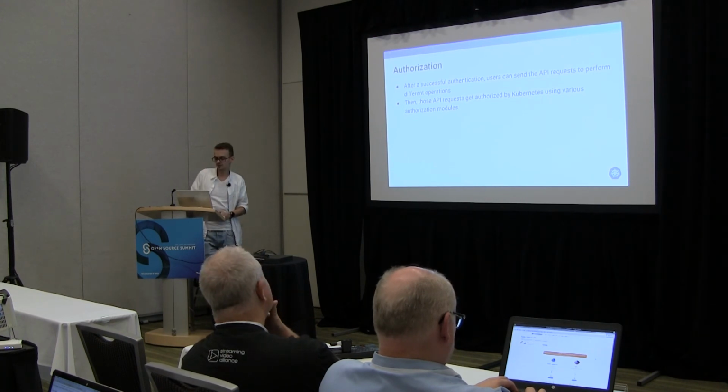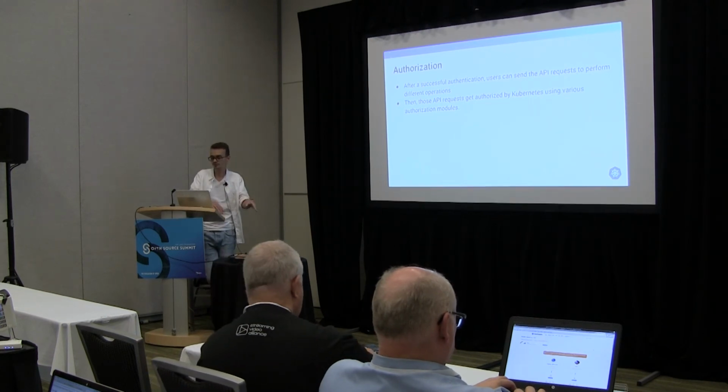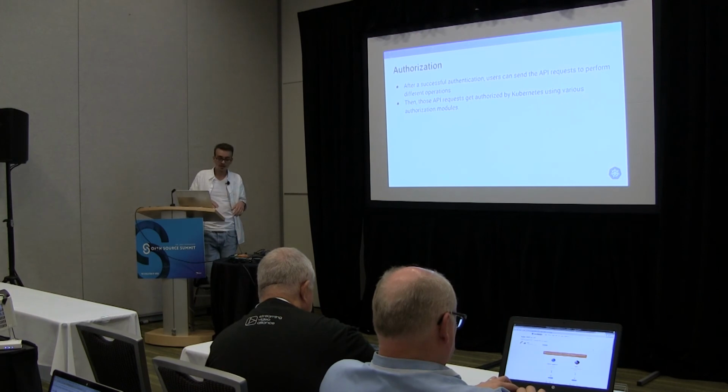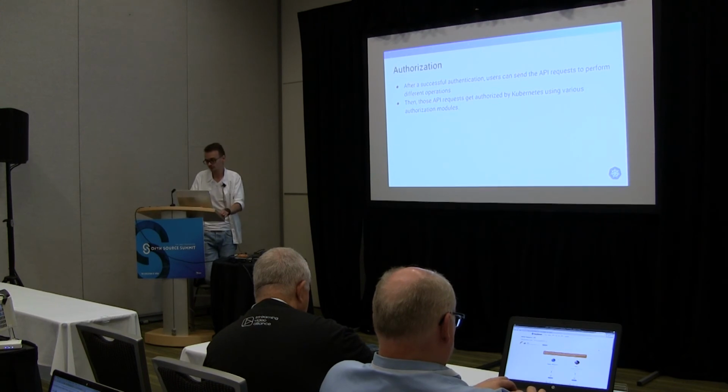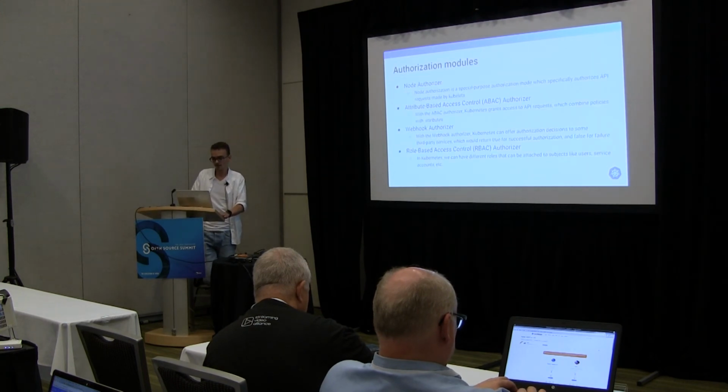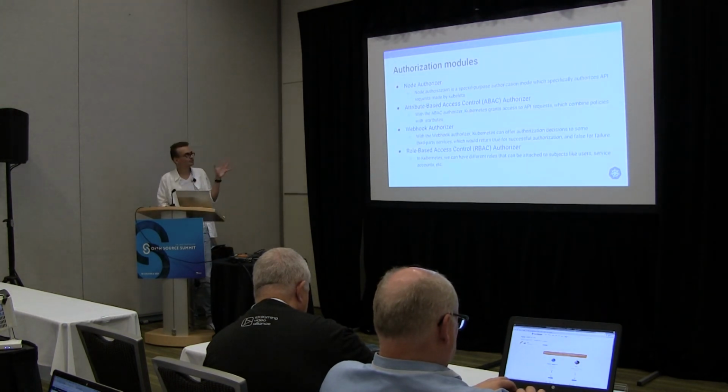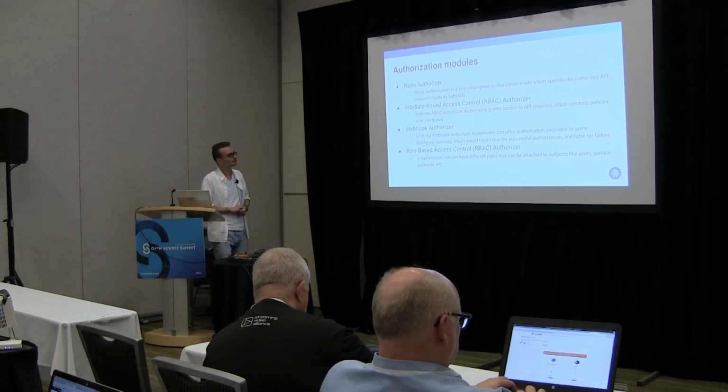Authorization is the next step. So after the successful authentication, users can send the API request to perform different operations, and API server authorizes them to perform these operations. There can be multiple authorization models. Here they are briefly described.